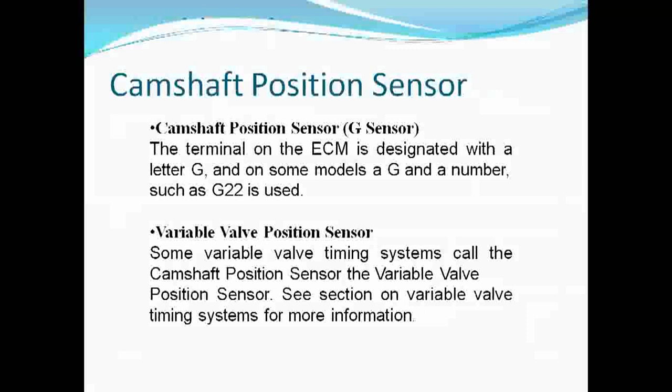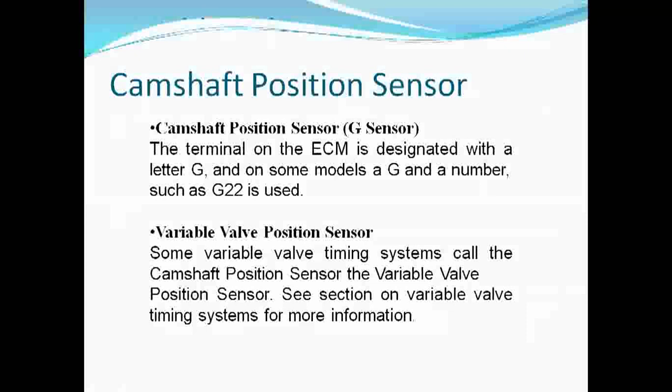So, variable valve position sensors. Some of the valve timing systems, yeah, we have already discussed this valve timing factor. The valve timing factor is much more important for particular alignments and for the dynamic motion of vehicles.